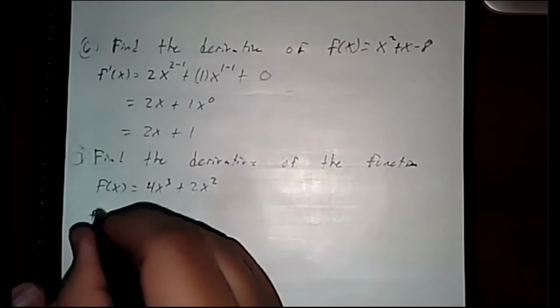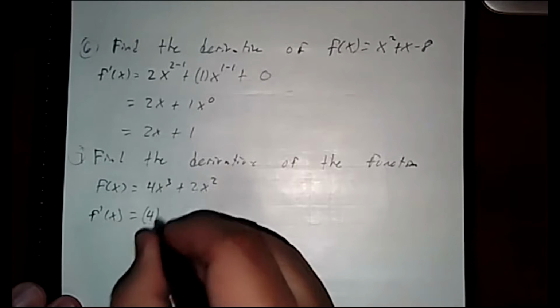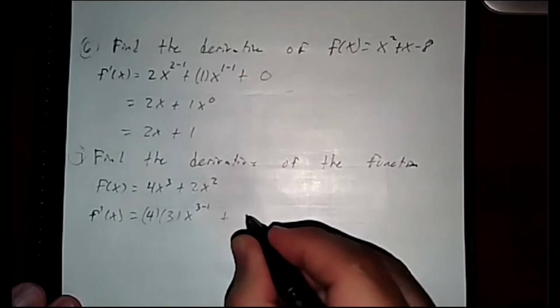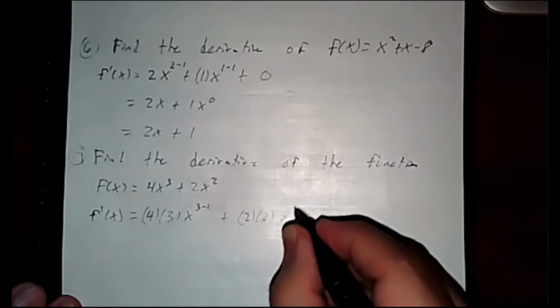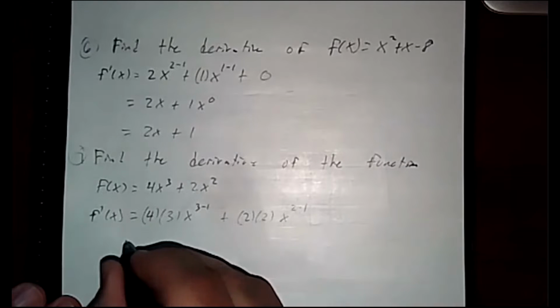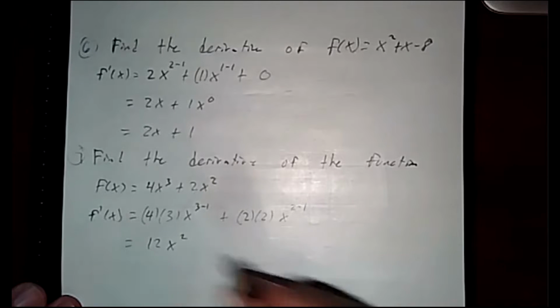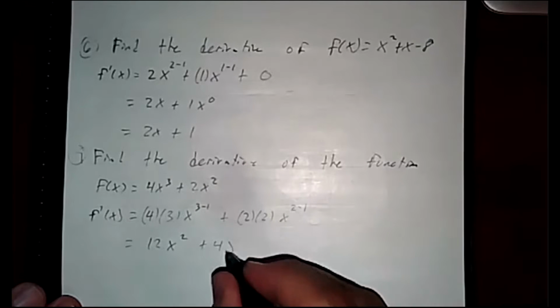So the derivative, showing all our steps, would be you bring the 3 down, you subtract 1, and then you bring the 2 down, and you subtract 1. So that would be 4 times 3, 3 minus 1, 2 times 2, 2 minus 1.